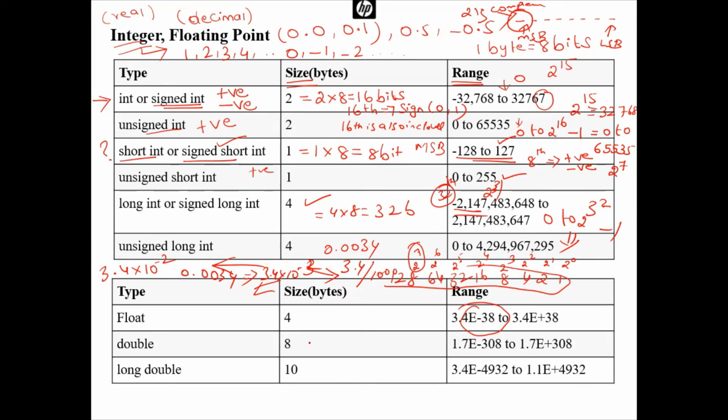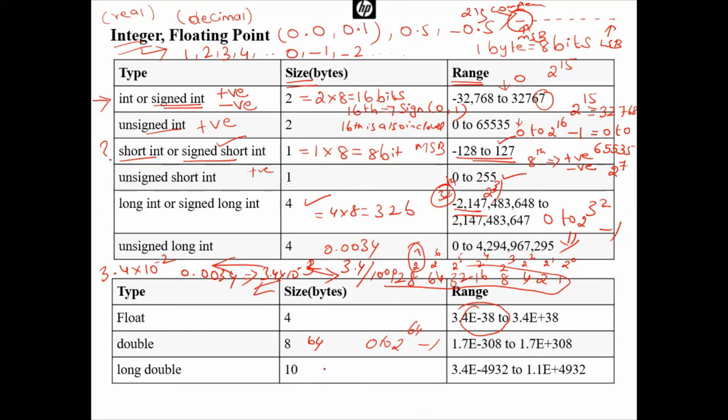And double occupies 8 bytes, so 8 into 8, which is equal to 64 bits. So 64 bits means 0 to 2 power 64 minus 1. Here I am not specifying unsigned double or signed double. It is a double, that's it.